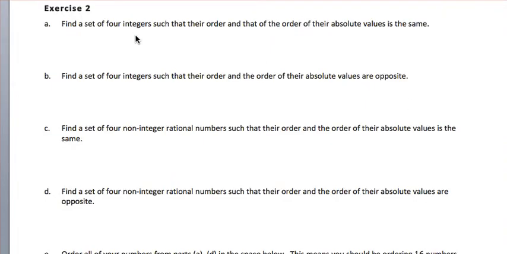Now in exercise 2, our final exercise, we're going to just practice finding numbers that fit some criteria. 2a asks us to find a set of 4 integers such that their order and the order of their absolute values is the same.